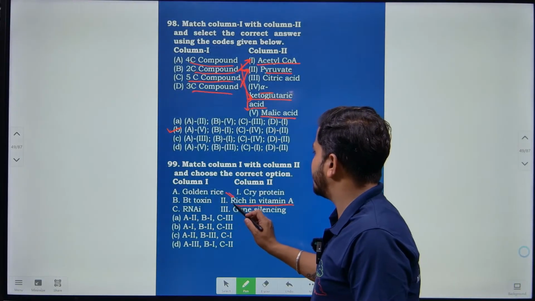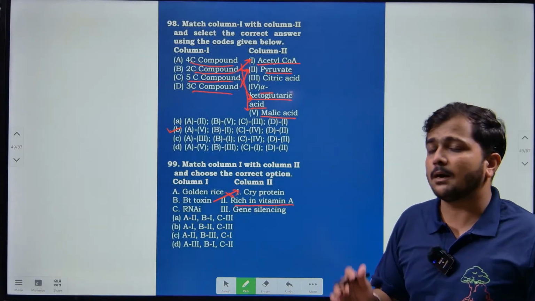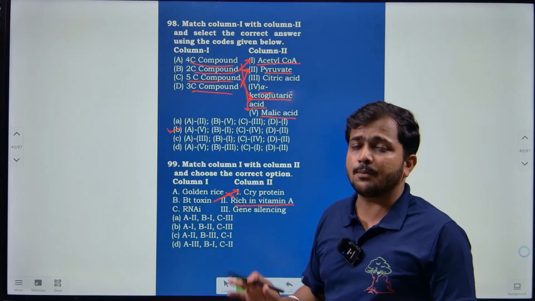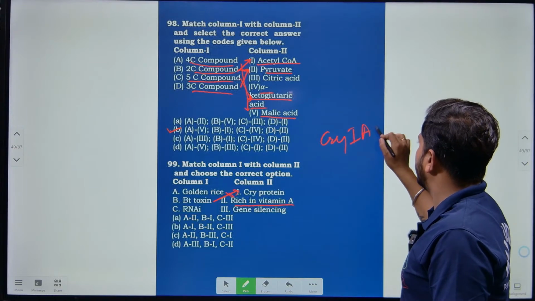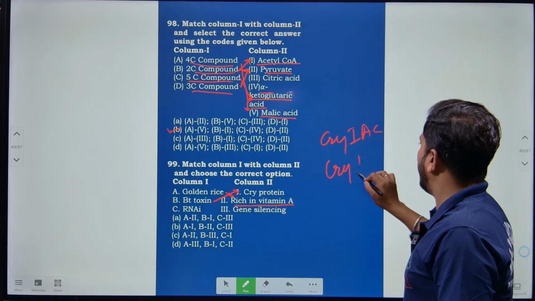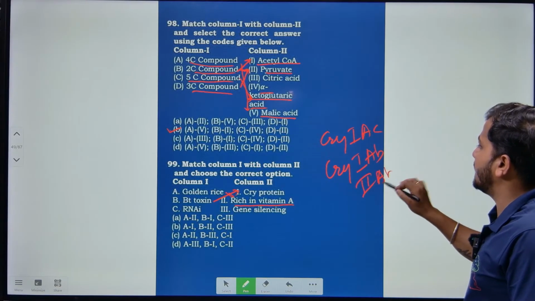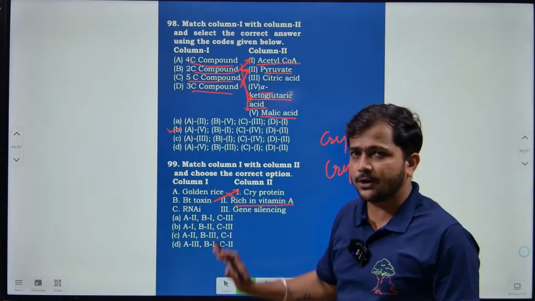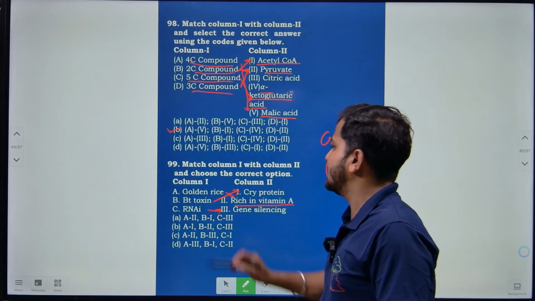Then Bt toxin is the Cry protein. The toxic form of protein is represented as Cry 1Ac, and even Cry 1Ab, even Cry 2Ab, like that; these are the toxins you are going to find. And RNAi is related with gene silencing.